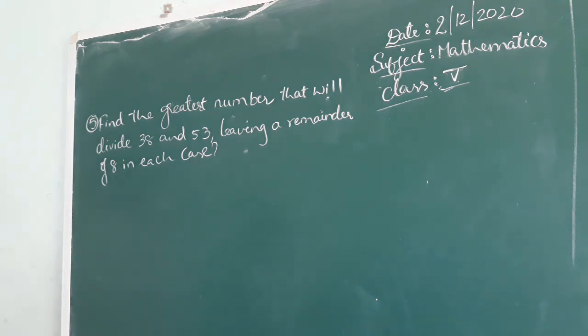What is the question? Find the greatest number that divides 38 and 53, leaving a remainder of 8 in each case.